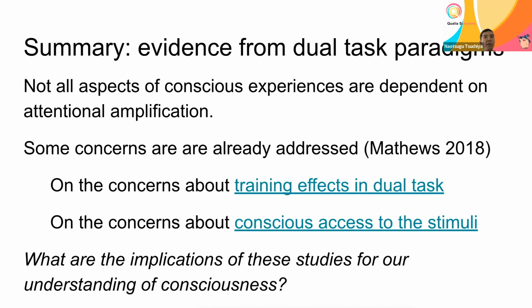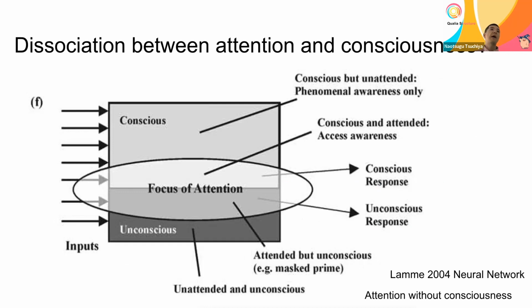So now with this, if you are convinced by this evidence, then the next question is what are the implications of these studies for our understanding of consciousness? So this is one viable model of consciousness and attention.